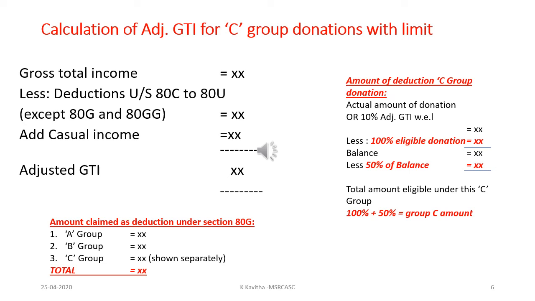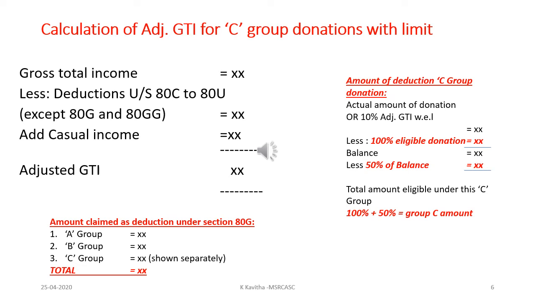From this lesser amount, first we have to deduct 100% eligible donations, and on the remaining balance, 50% of this balance will be claimed as deductions. So put together, it is 100% eligible donation plus 50% of the balance.